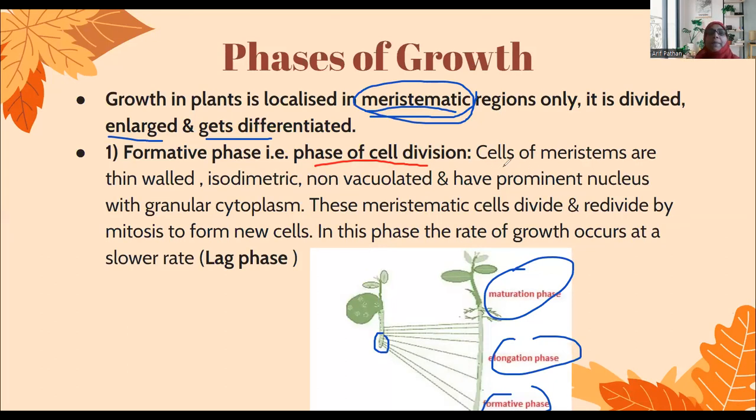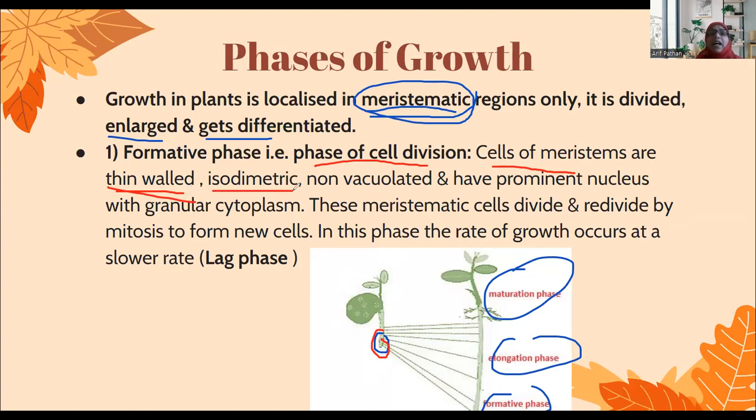Okay, what happens is the cells of the meristems, the meristematic cells which are actively growing young cells, will be at the shoot apex and at the root apex also. Not only at the root system, but also at the shoot system. They are thin walled. The cell walls of the meristem cells are usually very thin.